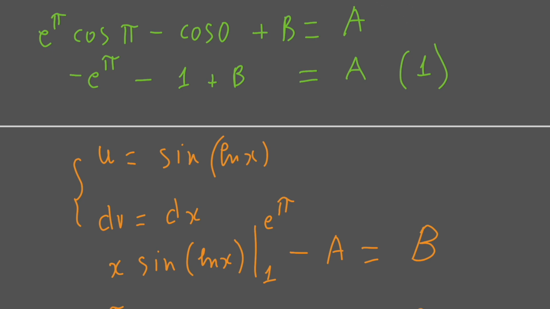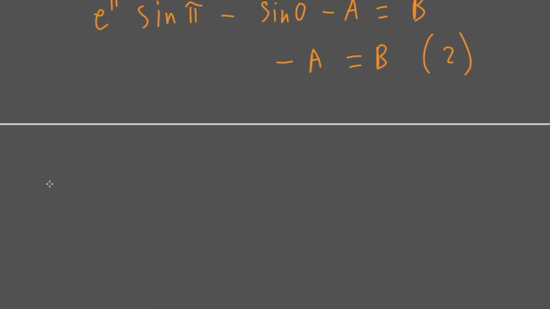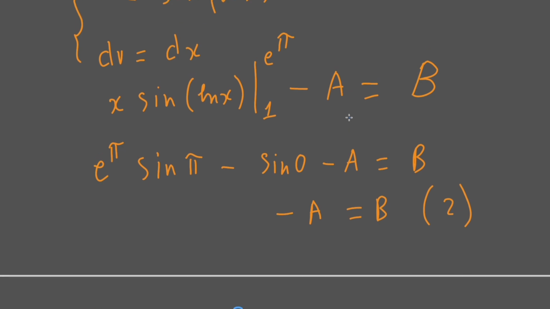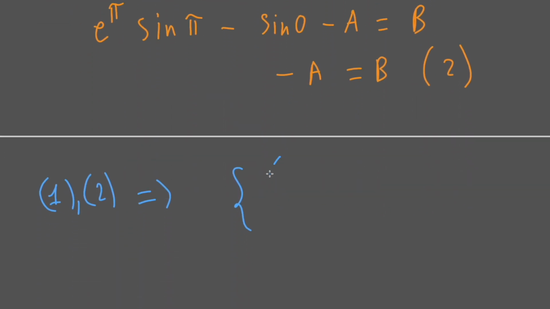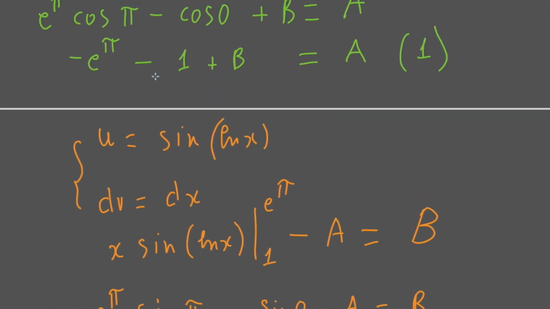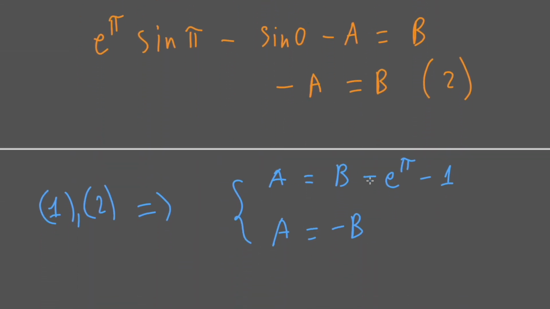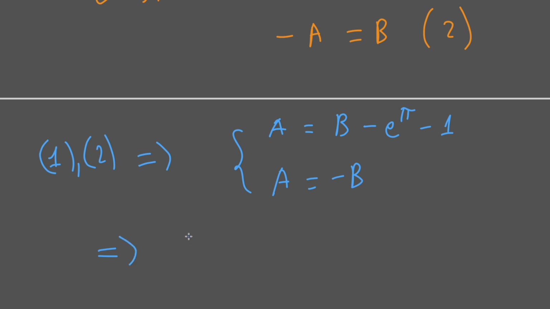And from 1 and 2, we have the system of equations. We have A equal to B minus e power pi minus 1 and A equal to negative B. So then we can find the value of A equal to negative (e power pi plus 1) divided by 2.